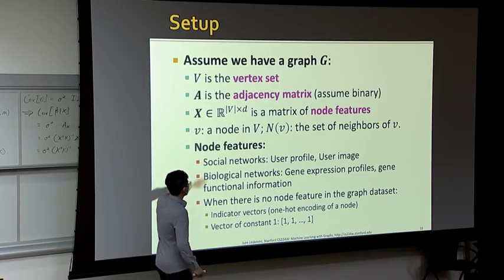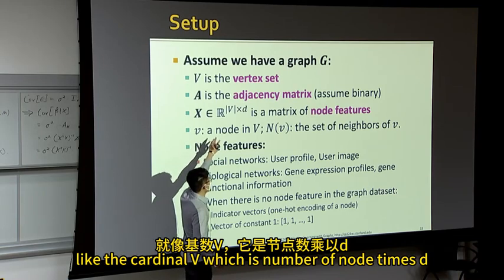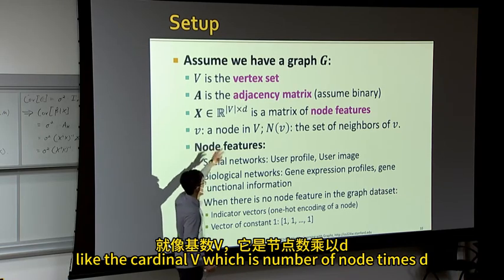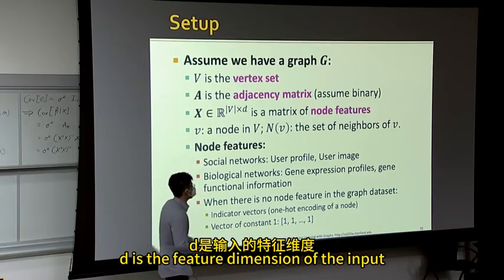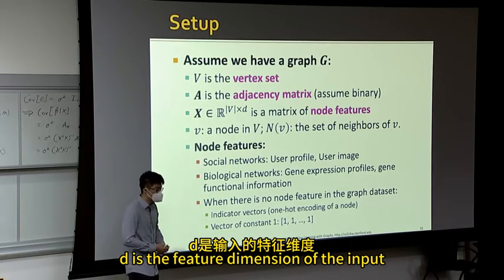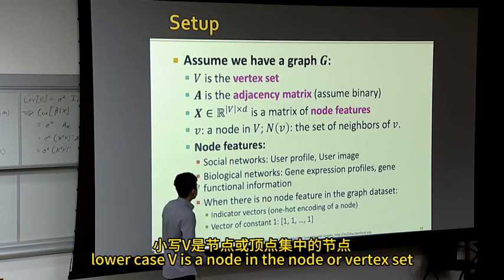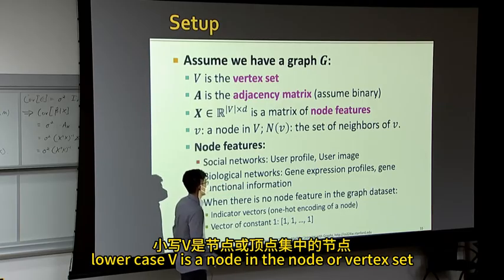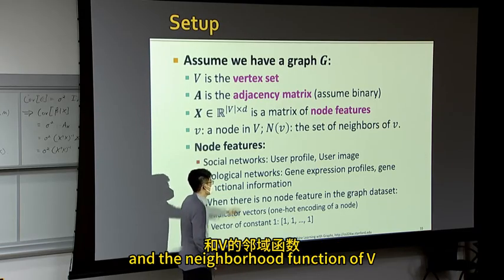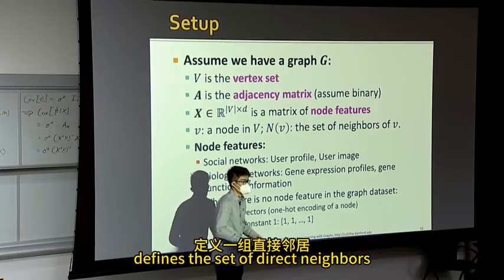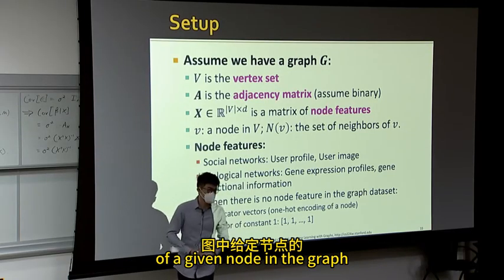We have the cardinality of V, which is the number of nodes, times D as the two dimensions. D is the feature dimension of the input. A small, lowercase v is a node in the node or vertex set. And the neighborhood function of v defines the set of direct neighbors of a given node in the graph.